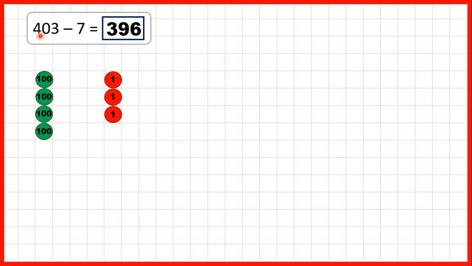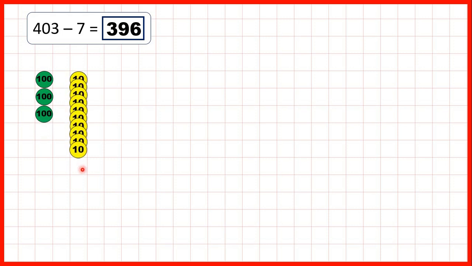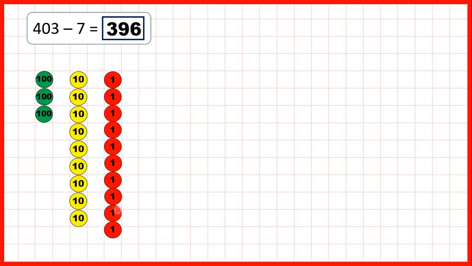And finally, we have 403 minus 7. We can subtract 3 of our ones, then we can exchange our 100 for 10 tens and one of our tens for 10 ones, so that we can subtract 4 more, so that we've subtracted 7 ones altogether, and that gives us 396.